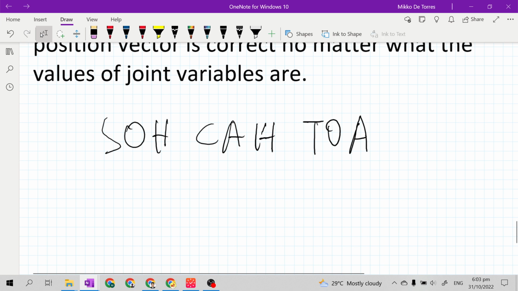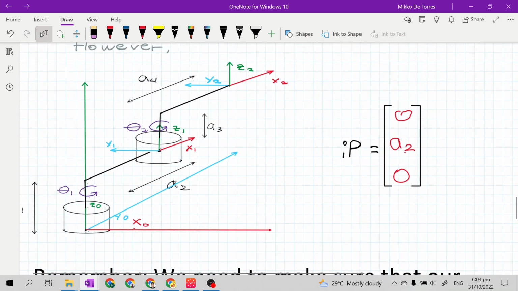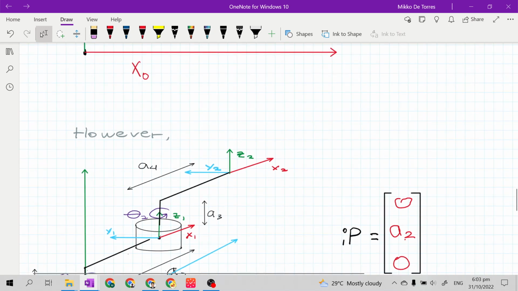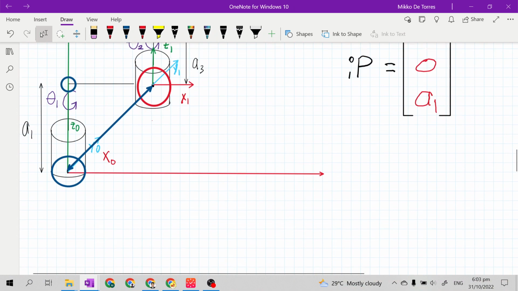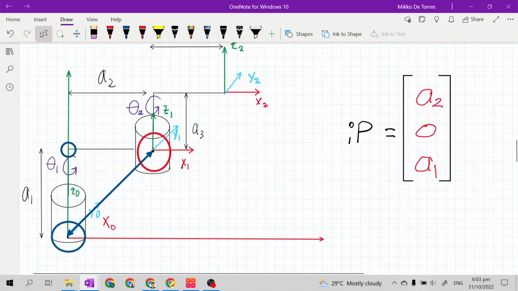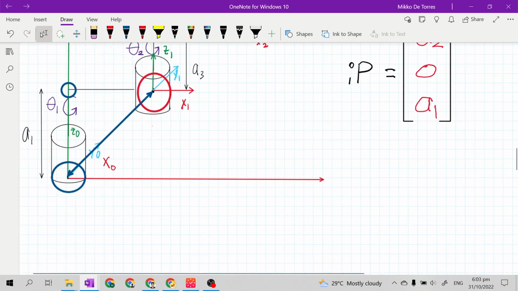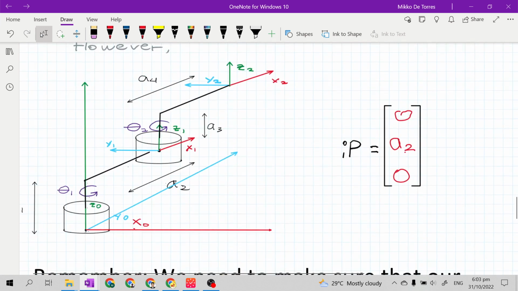Because our mechanical manipulator is made up of geometrical figures that create triangles and angles. So because we have triangles and also angles, the best approach is to use trigonometric functions.